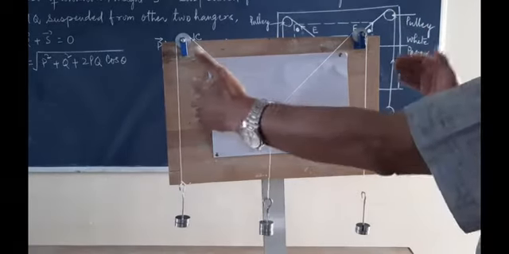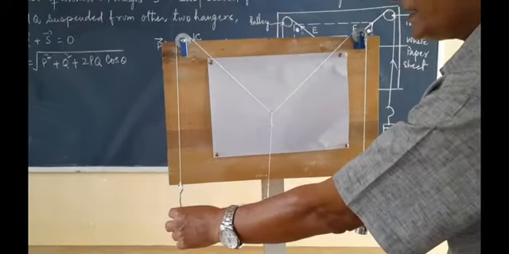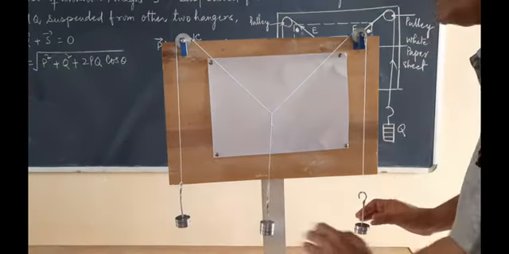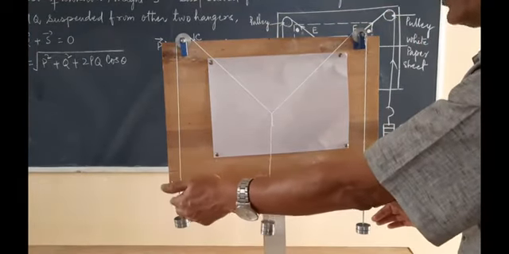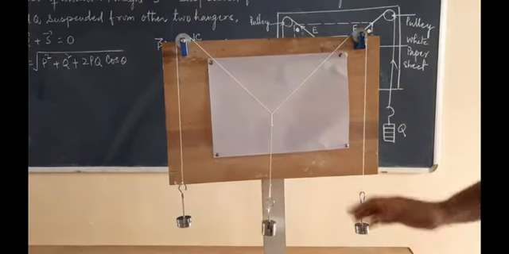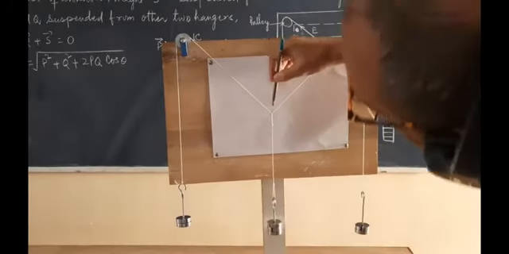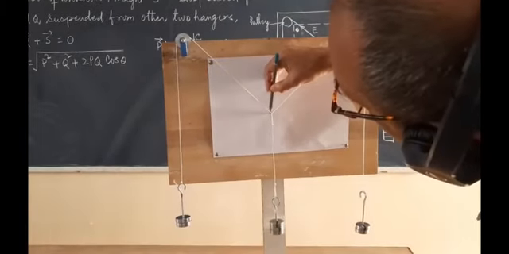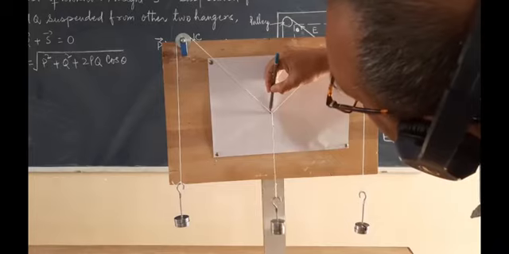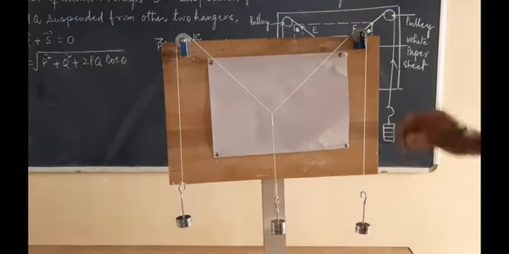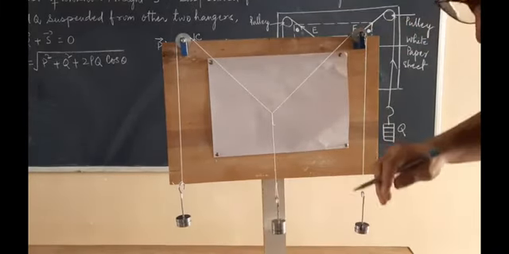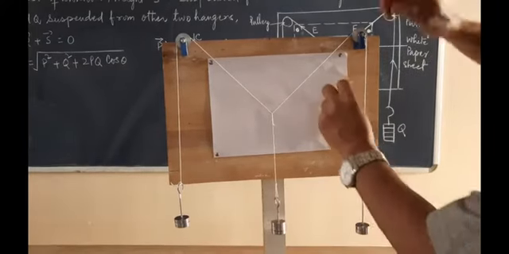Now suspending these two hangers and putting weight on them, we have seen the points, which are marked by the pencil. This is O, the point of action.